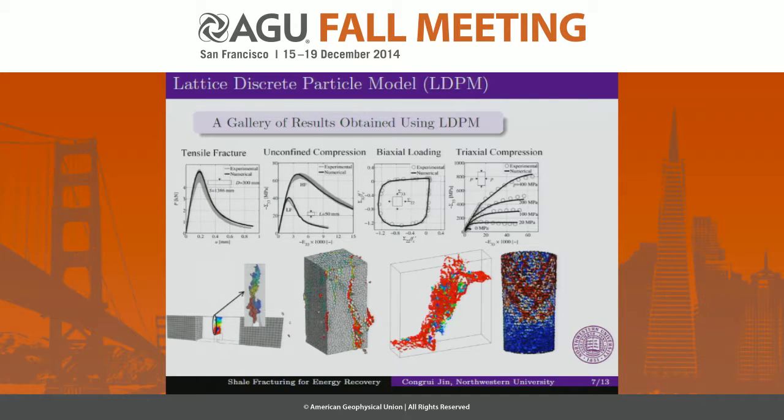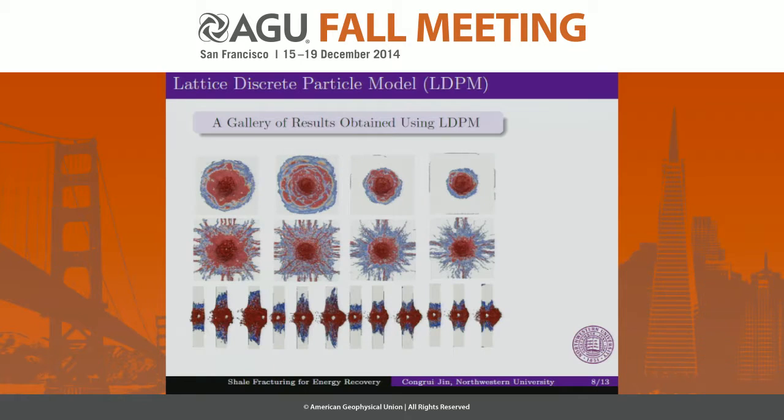This figure shows a gallery of some of the results obtained by using LDPM, which includes tensile fracture, unconfined compression, biaxial tensile loading, and triaxial compression, which demonstrates LDPM's capability of reproducing the complex three-dimensional crack paths with multiple branching and crack coalescence.